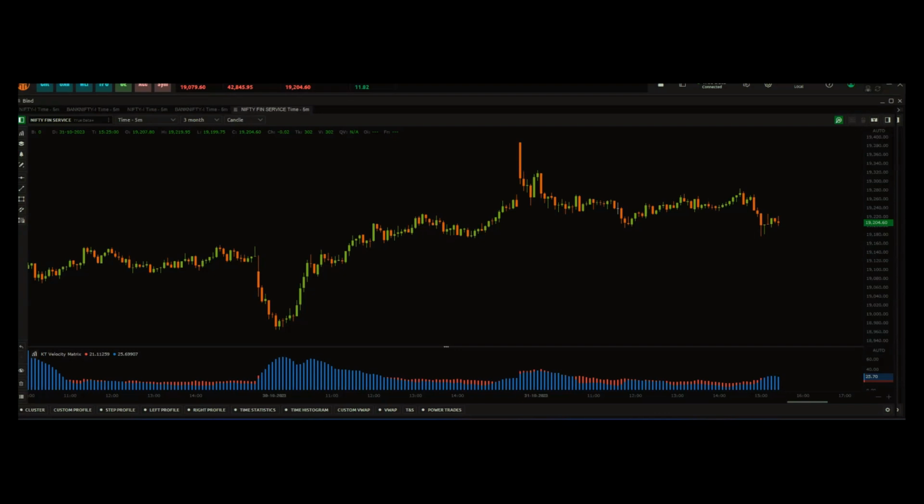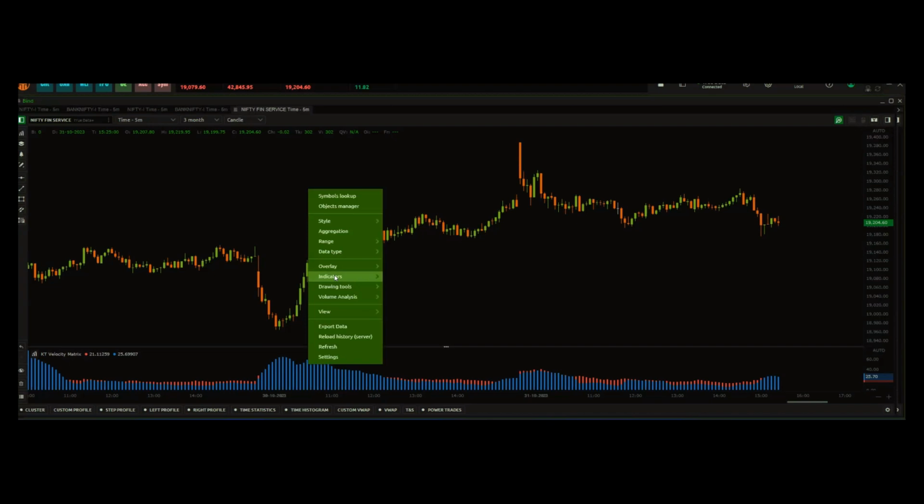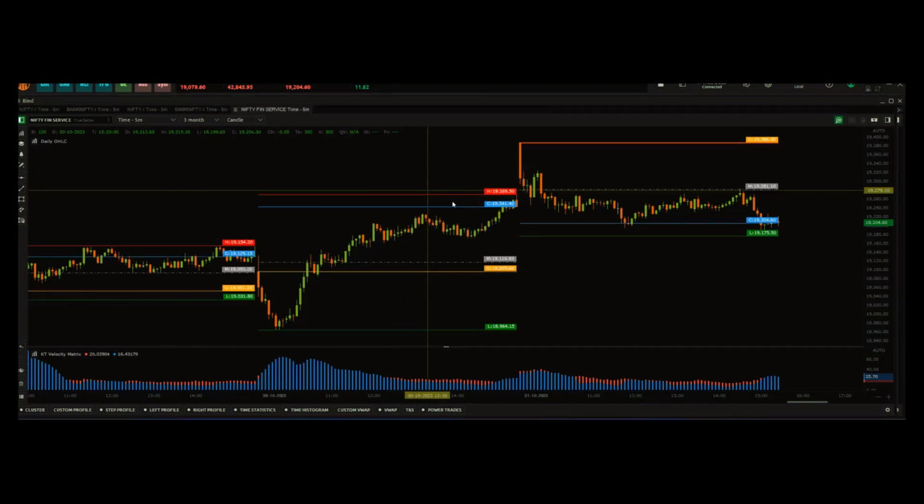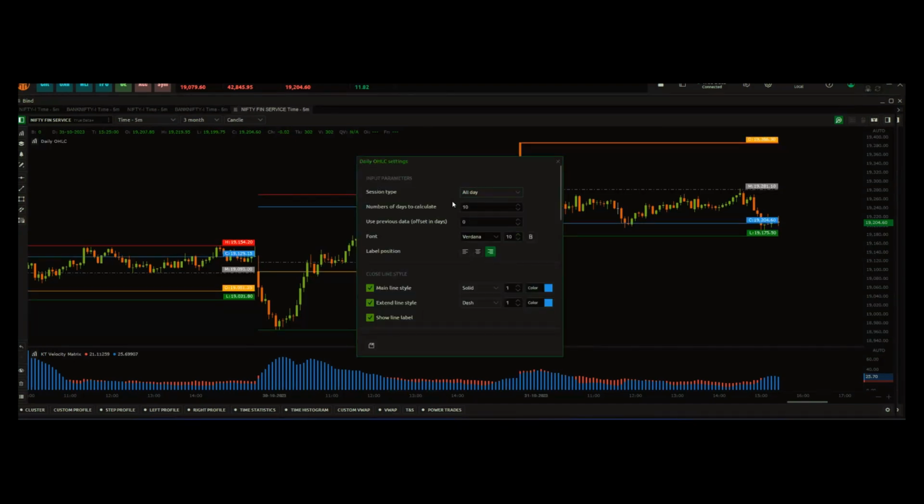In Quant Tower, go to indicators and go to daily OHLC, double click on daily OHLC. Session type should be all day. Number of days to calculate, you can keep it to 10, 20, 25, the number of days you want to look back. And here you will see an option of close, high, low, middle line.